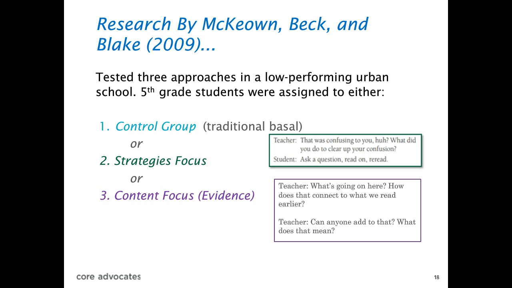And then there was a content focus group, where students were all reading text, and being given a series of meaning-based questions about the text. So let's show the results, because they're pretty stunning.